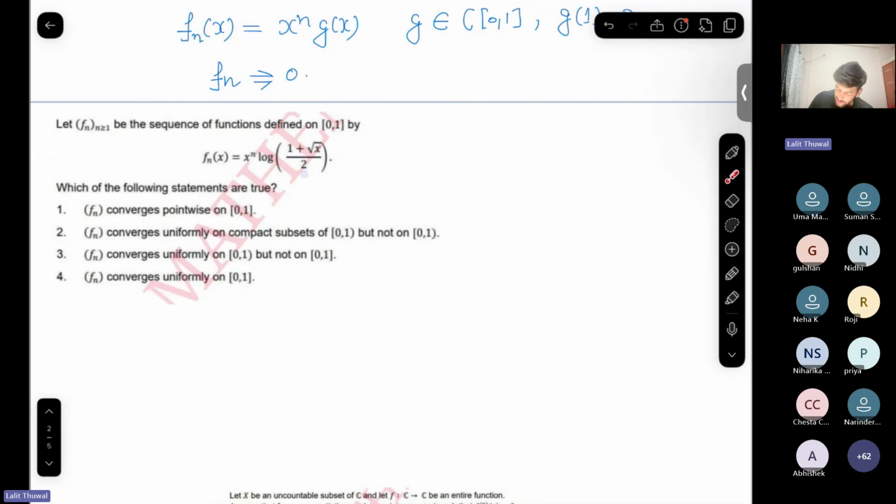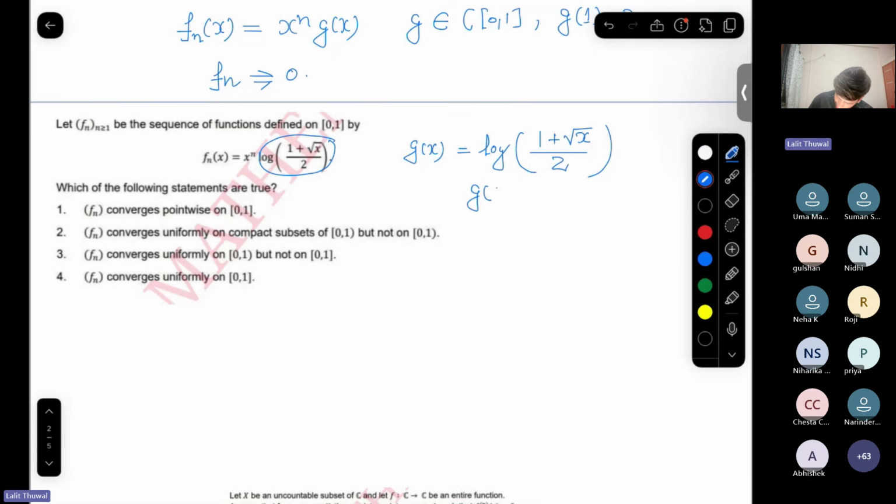So here g is this function, g(x) equals log of 1 plus root x by 2. So see that g(1) is 0 here, right? If you put 1 here, then you will get log 1, which is 0.